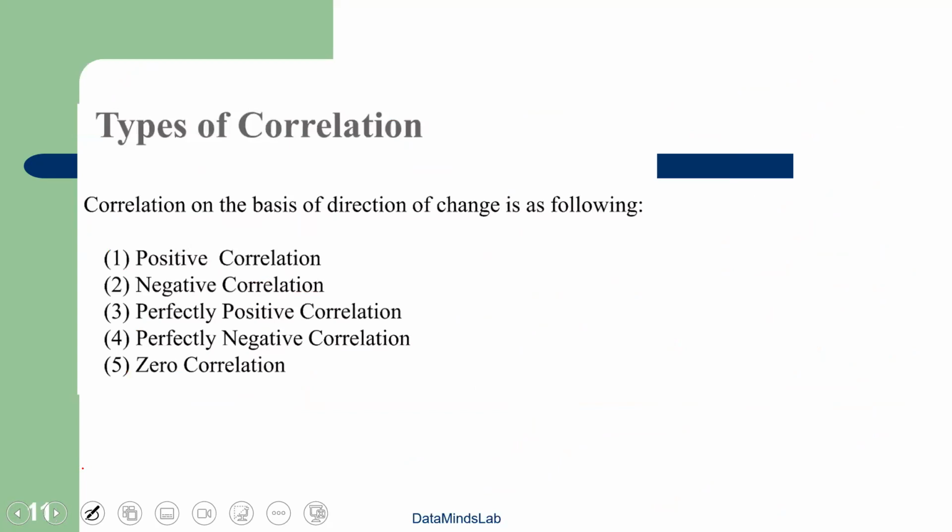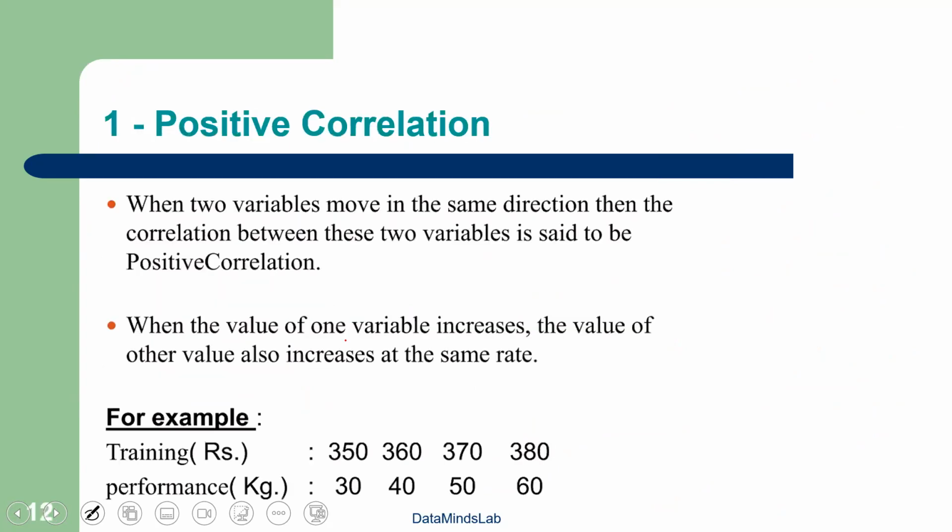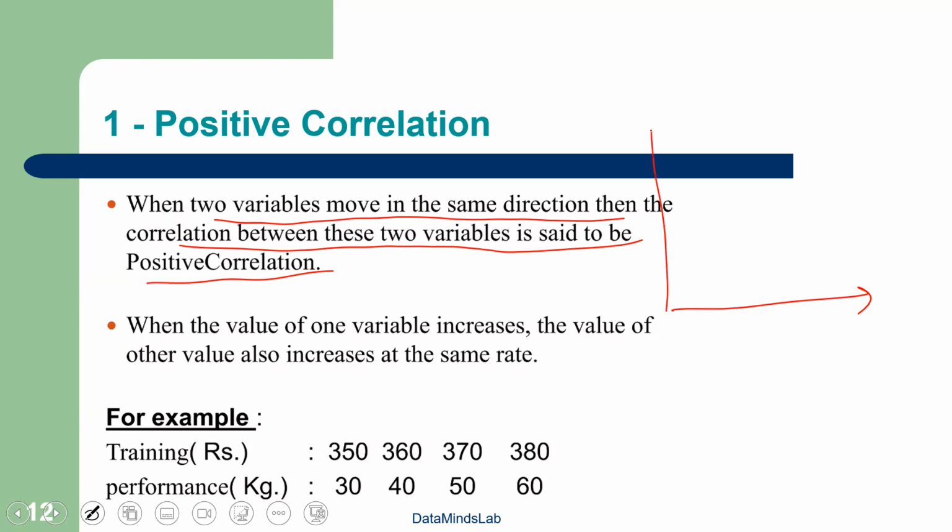Positive correlation, negative correlation, then perfectly positive correlation, perfectly negative correlation, and then zero correlation. What do we mean by positive correlation? When two variables move in the same direction, the correlation between them is a positive correlation. It's very simple: when there is a positive change in x, due to this change there is a positive change in y also.